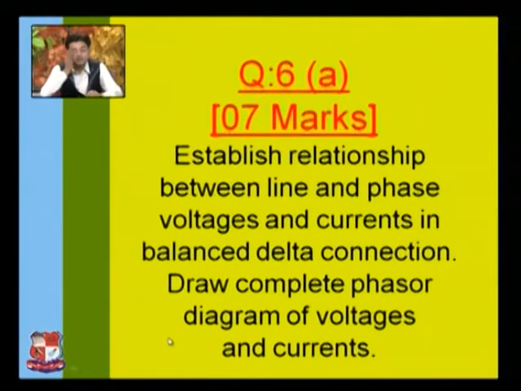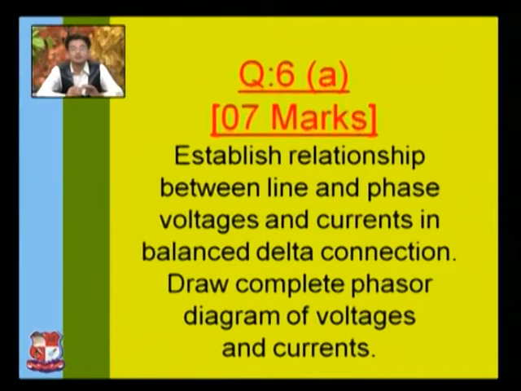Okay, now the next question is that you have to establish a relationship between the phase voltage and current for a balanced delta connection. What are balanced and unbalanced delta connections?